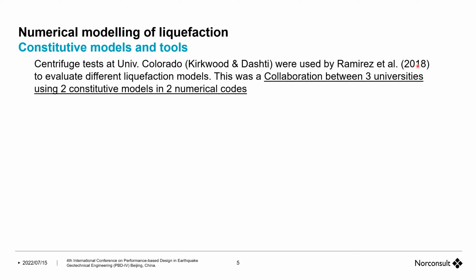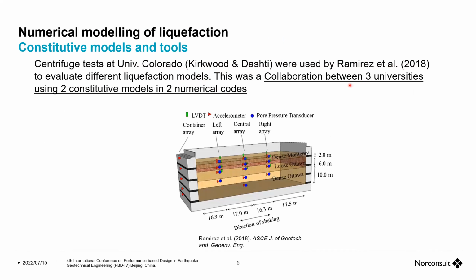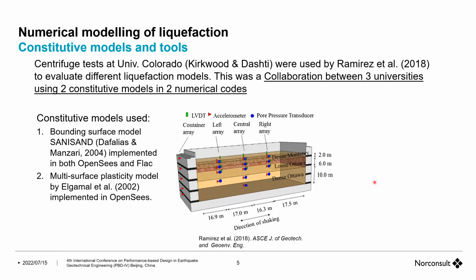In 2018 it evaluated different liquefaction models, and it was a good collaboration between 3 universities, 2 constitutive models and 2 numerical codes. Basically, this is a picture of the centrifuge box, with good, well monitored, high quality testing. Different constitutive models, Sanisand and the multi-surface model by ElGamal, were used in OpenSees.